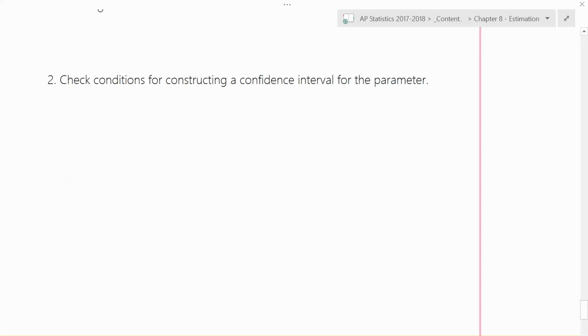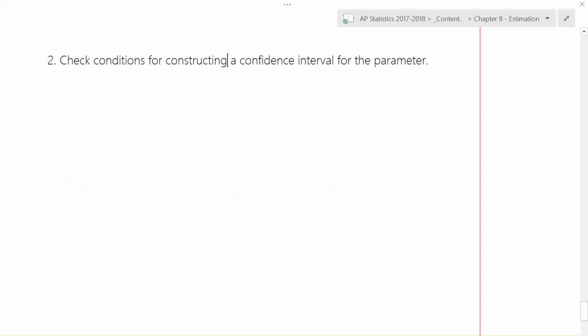Now, before we do a confidence interval, we have to take some really important steps, and those are checking certain conditions that actually allow us to do 2 things. We need to be able to calculate the standard deviation of the sample proportion, and that relies on independence. And then we need to be able to use normal calculations. So we have to be sure that the sample proportion would have that normal shape.